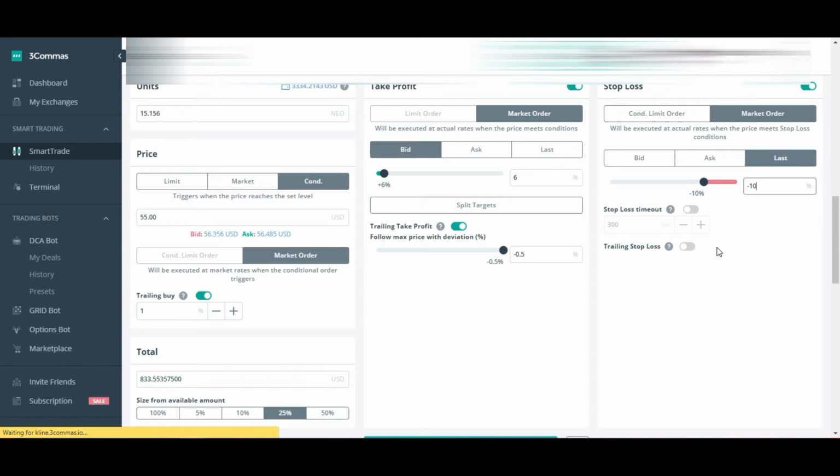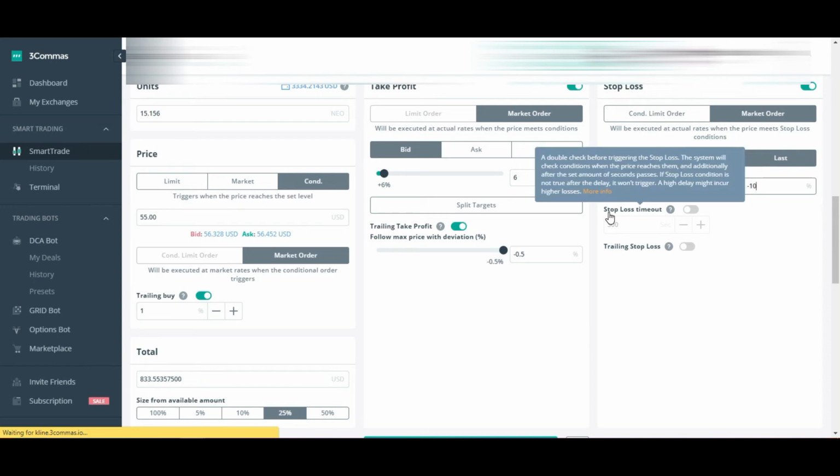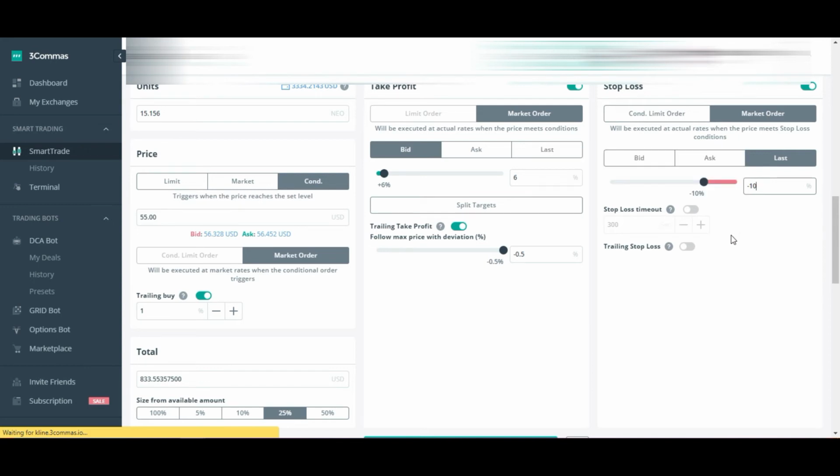Another cool thing that this program offers, if you do want to do a stop loss, is a stop loss timeout. I don't know if you've noticed, but sometimes at like 3 o'clock in the morning, a coin will bottom out and then all of a sudden spike. I don't know if that's by design, like some people manipulating the market so that people who have set stop losses get stopped out and then they can reap the benefits of the market going back up.